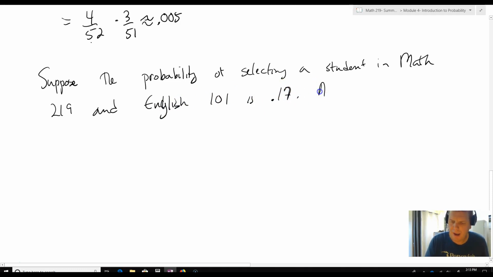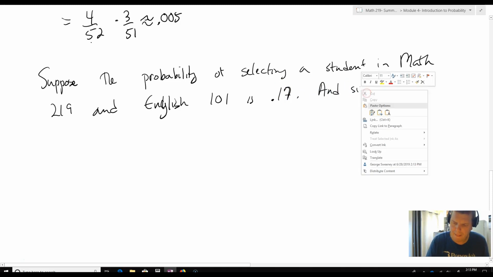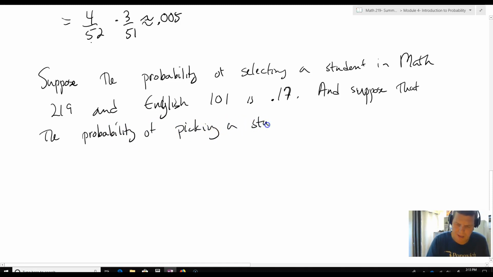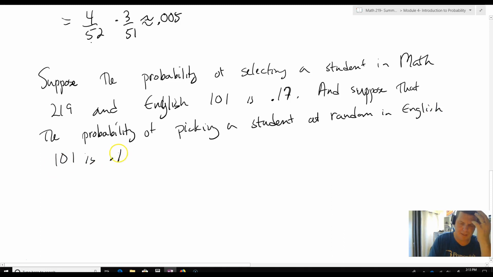And suppose that the probability of picking a student at random in English 101 is 0.41.